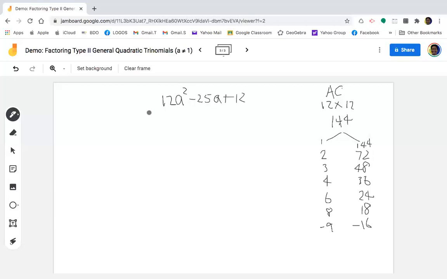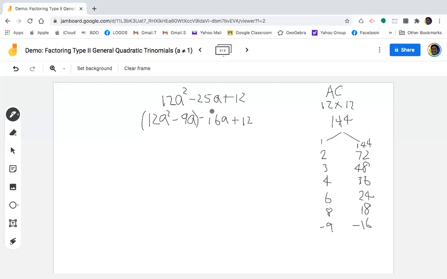All right, now let's rewrite the middle term using these factors. So we're going to split negative 25a into negative 9a and negative 16a. And then just copy the last term, 12. We group the first two together.